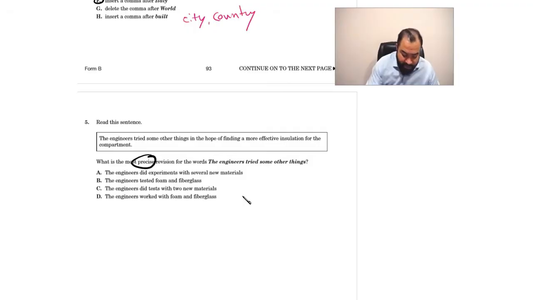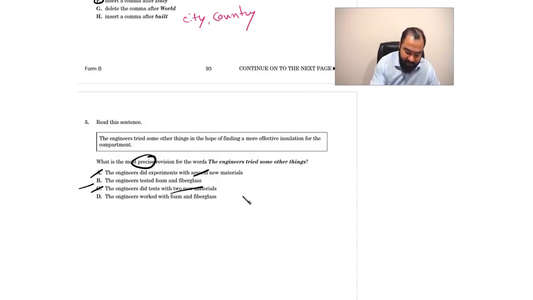Okay, so let's check out the options. The engineers did experiment with several. Okay, several is also not precise. The engineers tested foam and fiberglass. Very nice. Okay, C says the engineers did tests with 2 new materials. So only 2, but we don't know what those materials are. B is more specific. D says the engineers worked with foam and fiberglass.